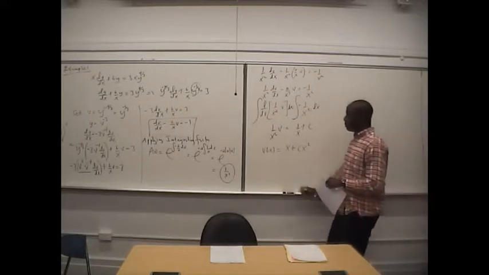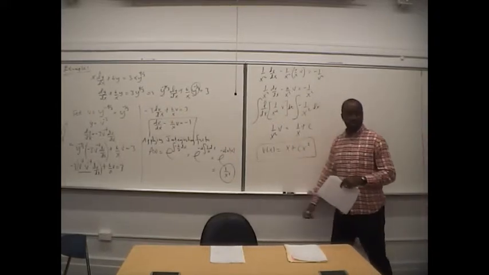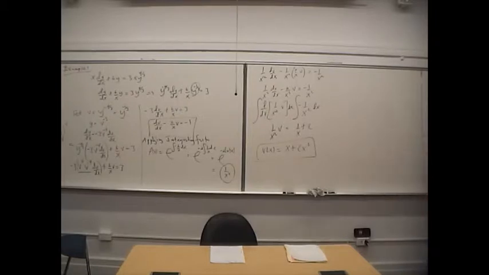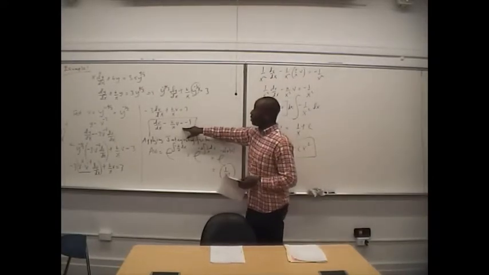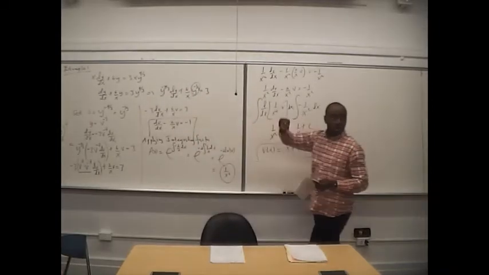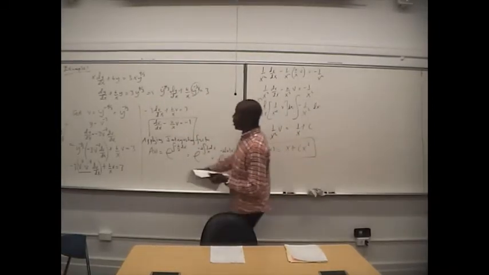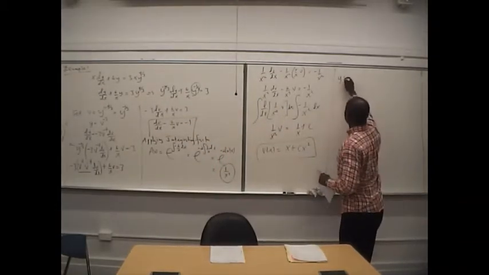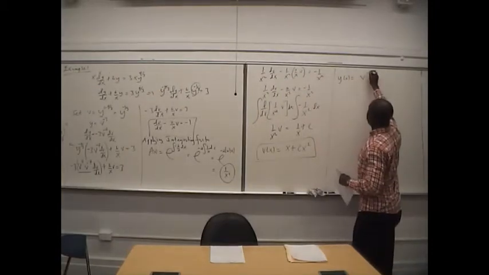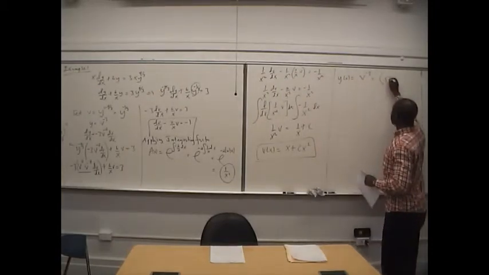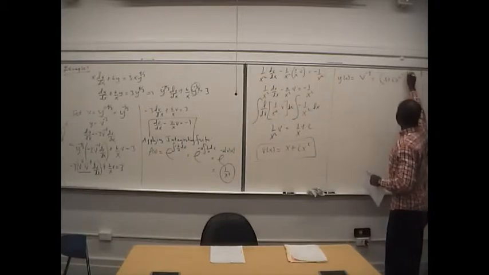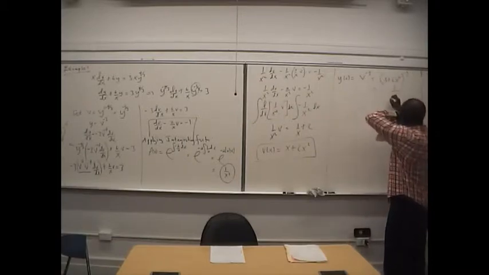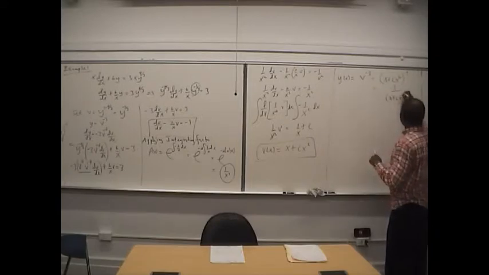Is this my solution? Why not? I just found a nice quadratic function. Yeah, this solves that differential equation, not this differential equation. So I have to use my substitution to get y. I know that my y of x is v^(-3), and so my v is (x + cx^2)^(-3), which is 1 over (x + cx^2)^3.